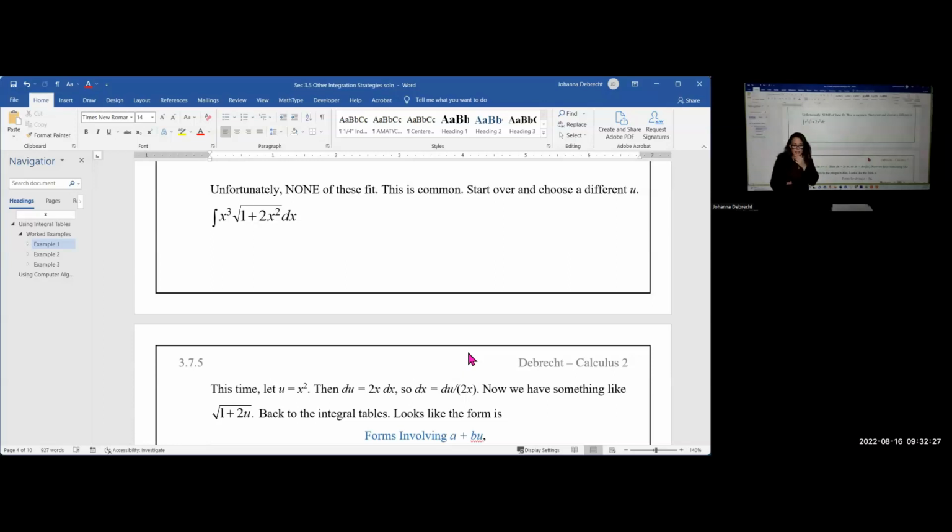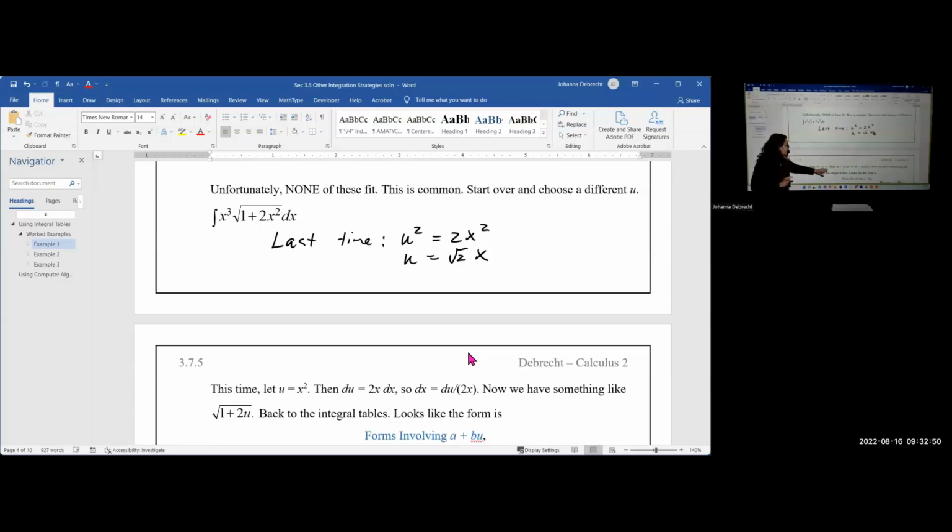Now remember, last time, so let me make note of this so you can compare and contrast the two strategies. u squared was equal to 2x squared, so u is equal to radical 2 times x. This time, though, I'm letting u to the first be x squared.